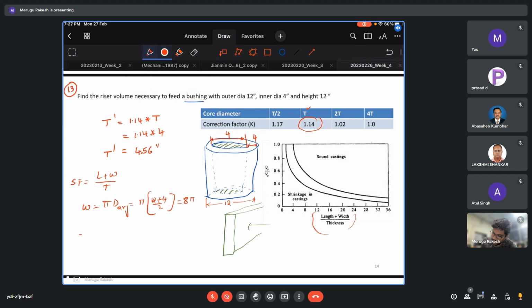So we have shape factor: length is nothing but the height, that is 12 inches, plus width 8 pi divided by the corrected thickness. So we have 8.14.